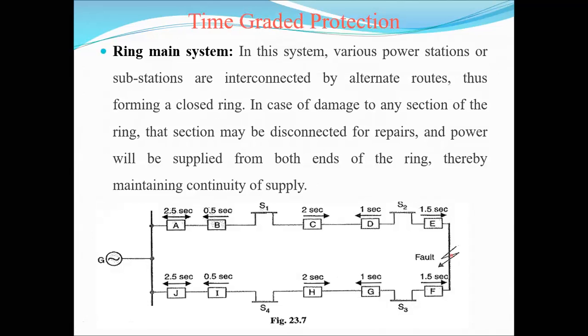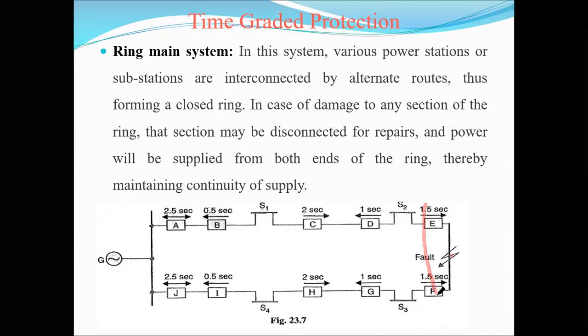That is why only this feeder line is disconnected from the supply, which means only the E and F relay coils will operate.